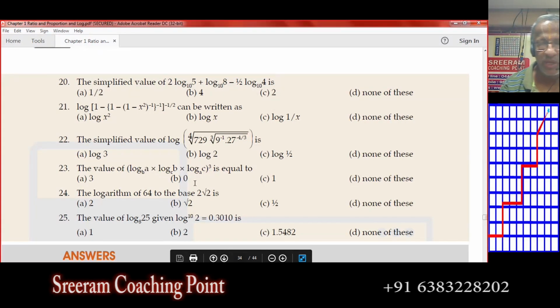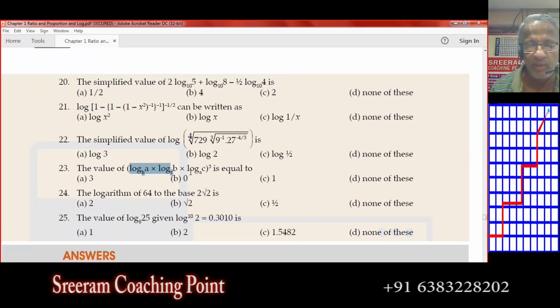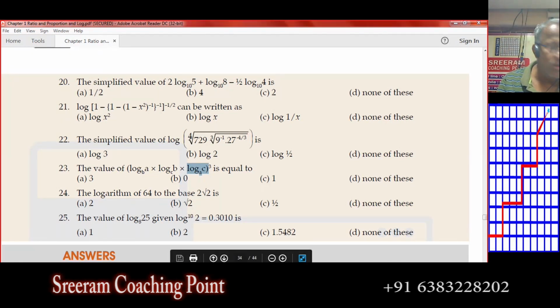Log A to the base B into log B to the base C into log C to the base A, to the whole cube, is equal to 3, 0, 1, none of the above. These are all changing base when you take up. These two together will become log A to the base C multiplied by log C to the base A. What will be the answer? It will become 1. So it is item number C. So when you apply the basic property, you just get the answer.